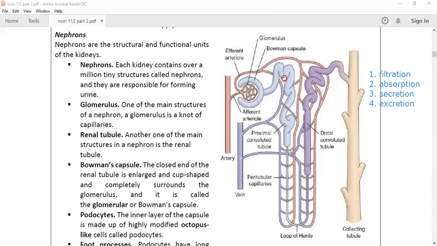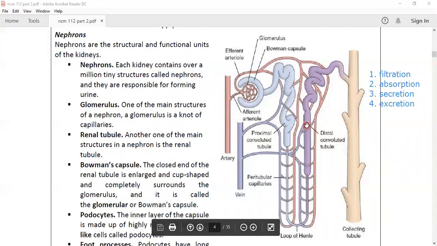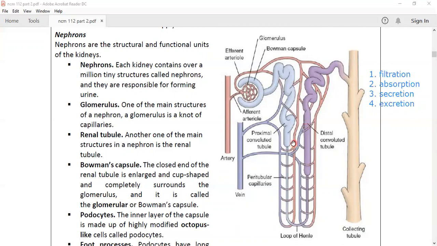All right. So as you go down into the loop of Henle, there are specific substances that are permitted to go back, and there are specific substances also that are not. For example, your descending limb of your loop of Henle is permeable only to water. So no electrolytes are reabsorbed here, and the water goes back to your circulation.